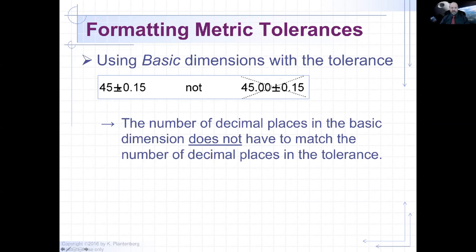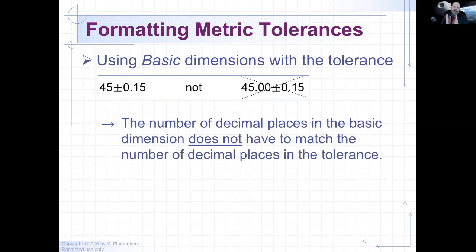You can also do it this way, where you have a basis size plus or minus. Now this doesn't have to have the same number of decimal places as this, because what you're saying here is the base size is 45, and then this is the tolerance range around the 45. The 45 itself isn't one of the limits, so you wouldn't say 45.00, it doesn't make sense.